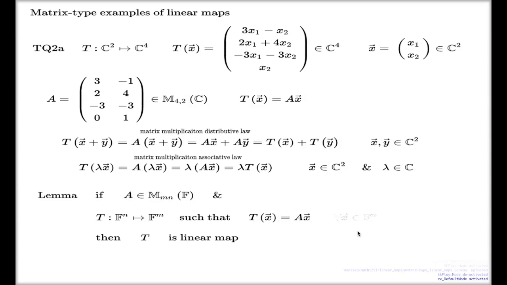And the proof is effectively these two lines which I have presented already. They have no attachment to this particular choice of the matrix A. They work in this general setting as well because they only rely on these properties of matrix multiplication, the distributive law and the scalar associative law. So every time I need to justify that something like this is a linear map, I will just make a reference to this lemma.